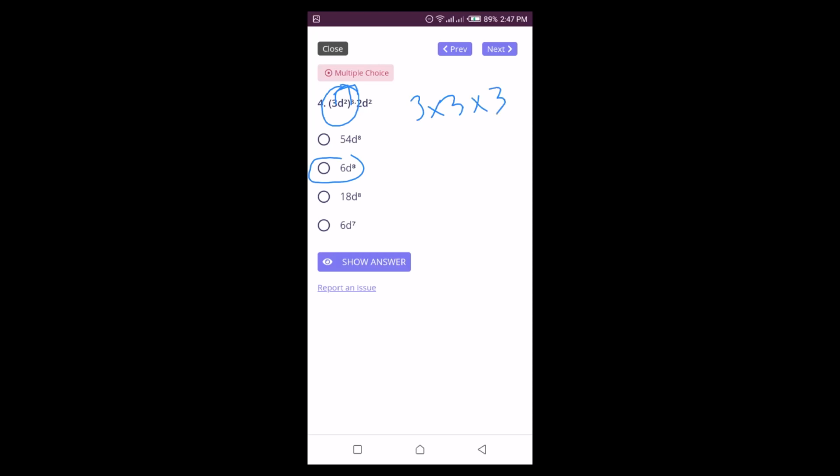We have to multiply the constant with the power as well. Got it? So if 3 threes are 9, are you getting me, Aisha? See, wait. Let me erase. Can you see this one?